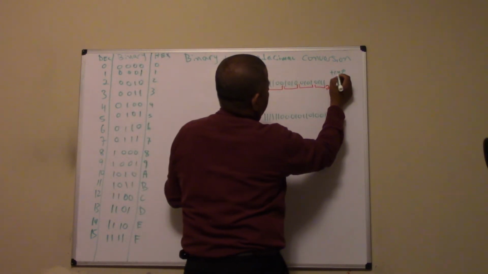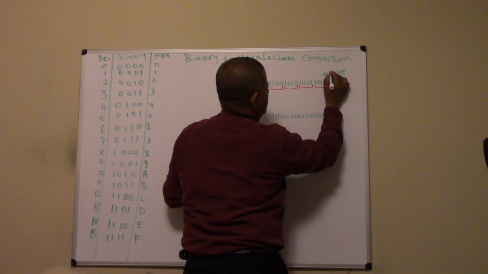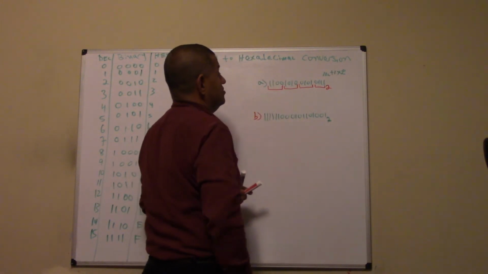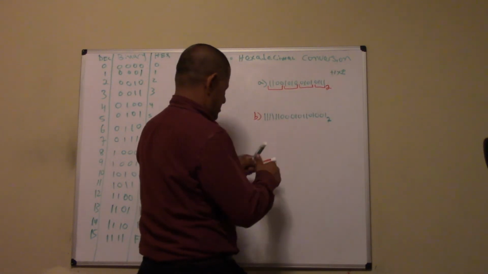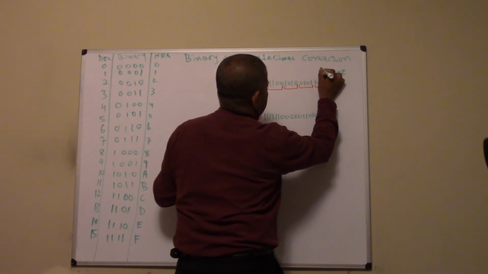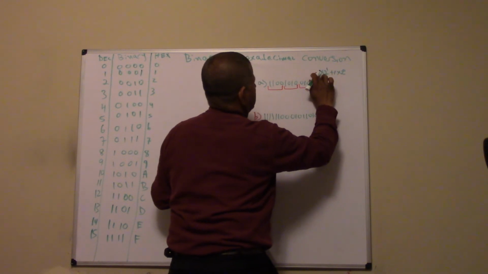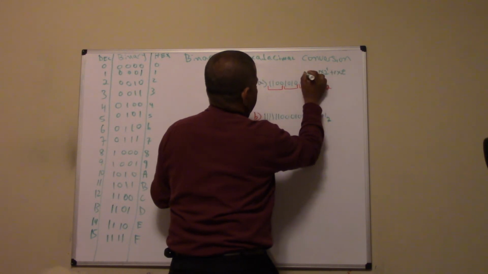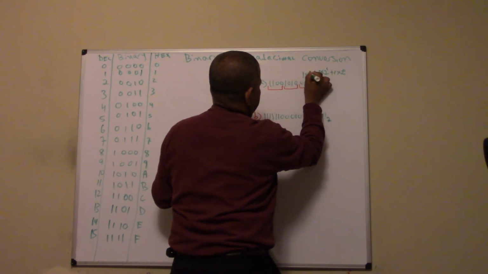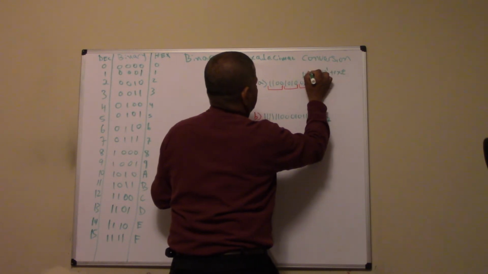Then 1 times 2 to the first power, and then plus 1 times 2 to the second power.